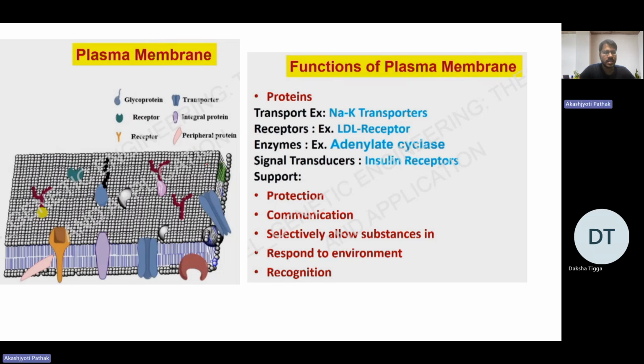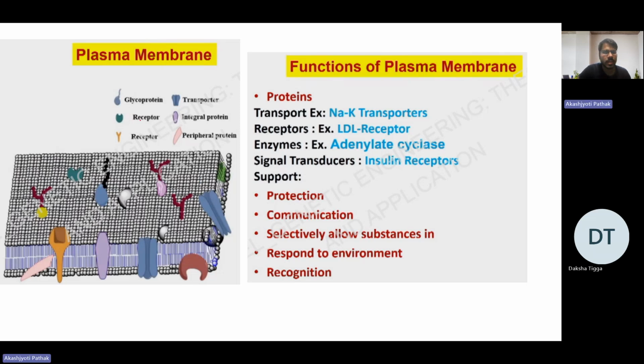You can see here that the plasma membrane has different types of proteins on its surface, integral protein and peripheral protein. Integral proteins span throughout the phospholipid bilayer. Then there are glycoproteins that allow cell recognition, how one cell differs from the other.